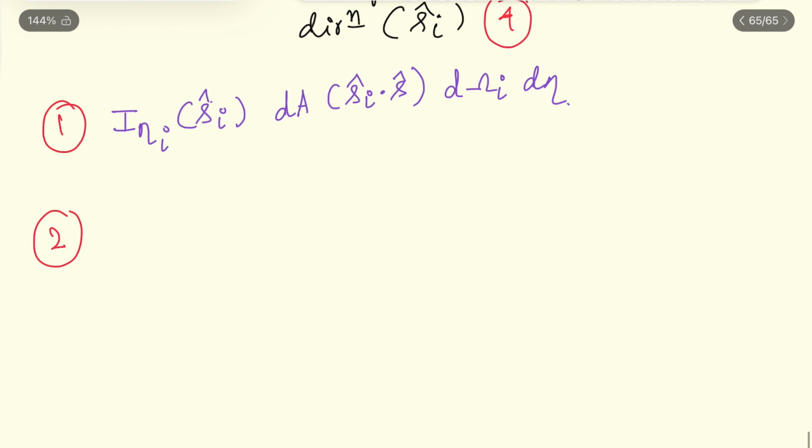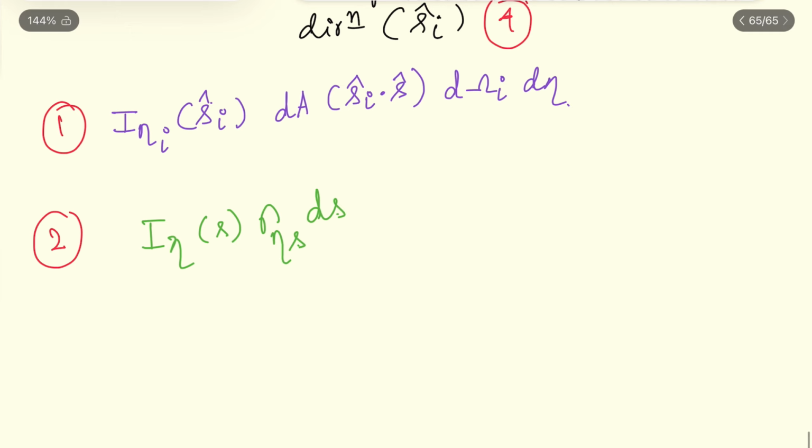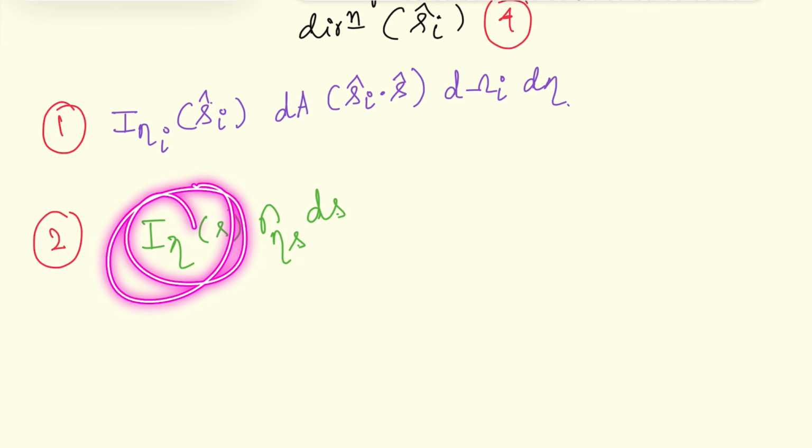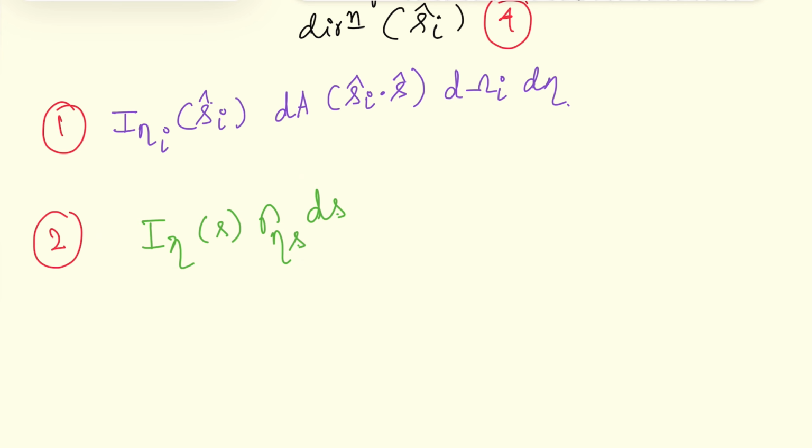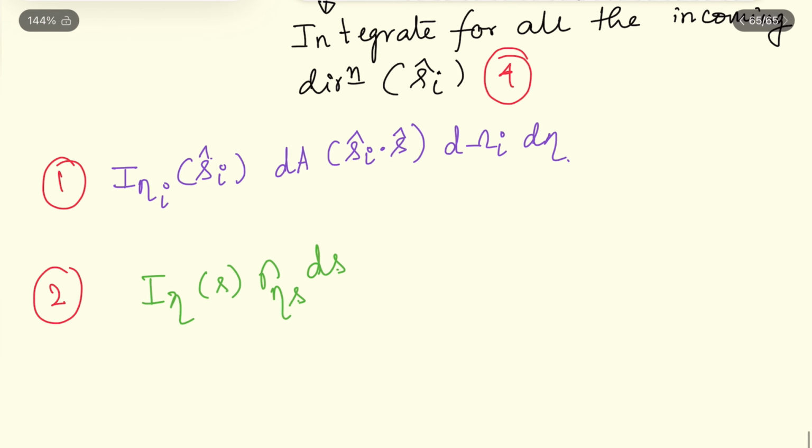We know that if some ray I eta S is incoming at a position S, then the scattered ray will be into sigma eta S into ds. Now this ds is the distance travelled by this ray. So do I have to multiply this with ds?